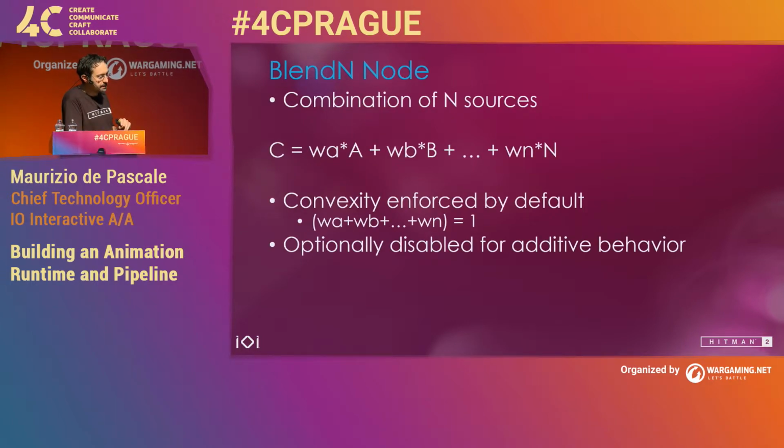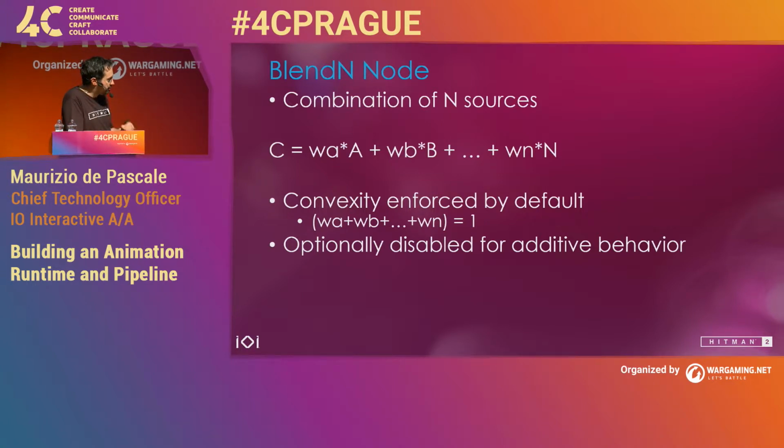One note there is that a two-way blend node can very easily be generalized into handling multiple inputs. And this allows you to flatten trees that you would have been building using just two-way blends into something that is more flat and easier to manage.